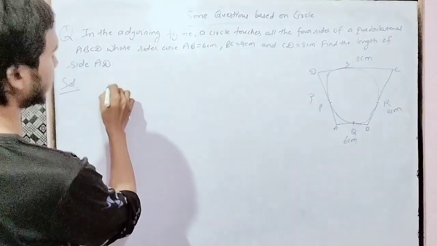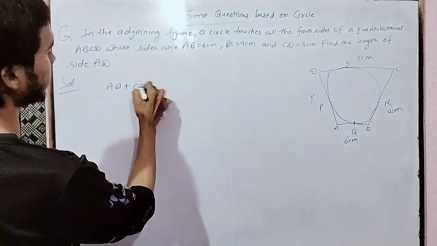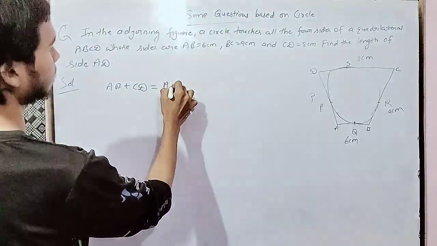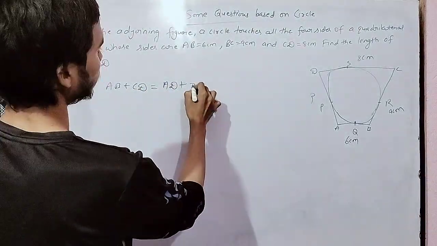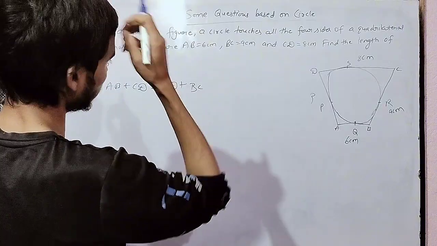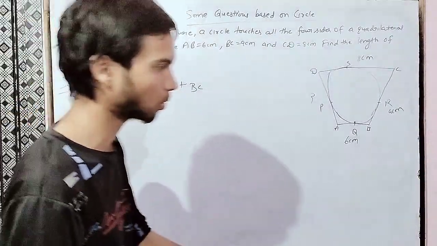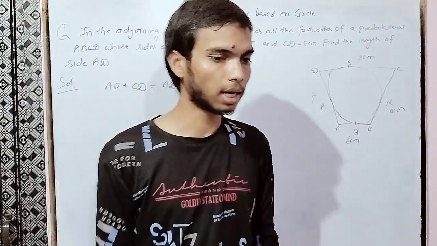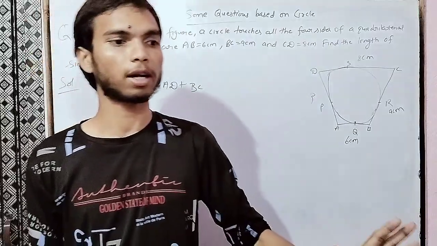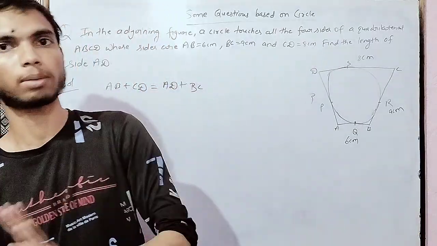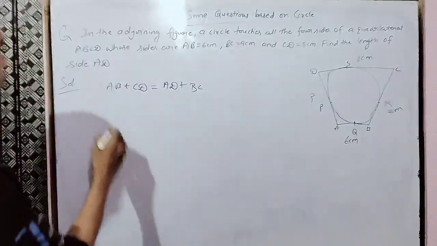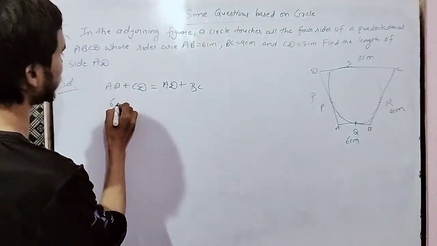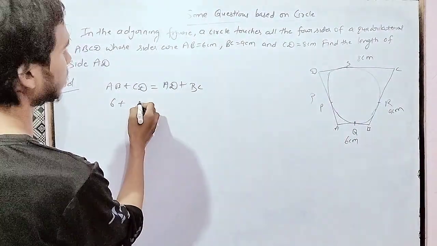So, can we say AB plus CD is equal to AD plus BC? It is a universal truth that the sum of one pair of opposite sides will be equal to the sum of the other pair. So AB is given as 6 and CD is given as 8.